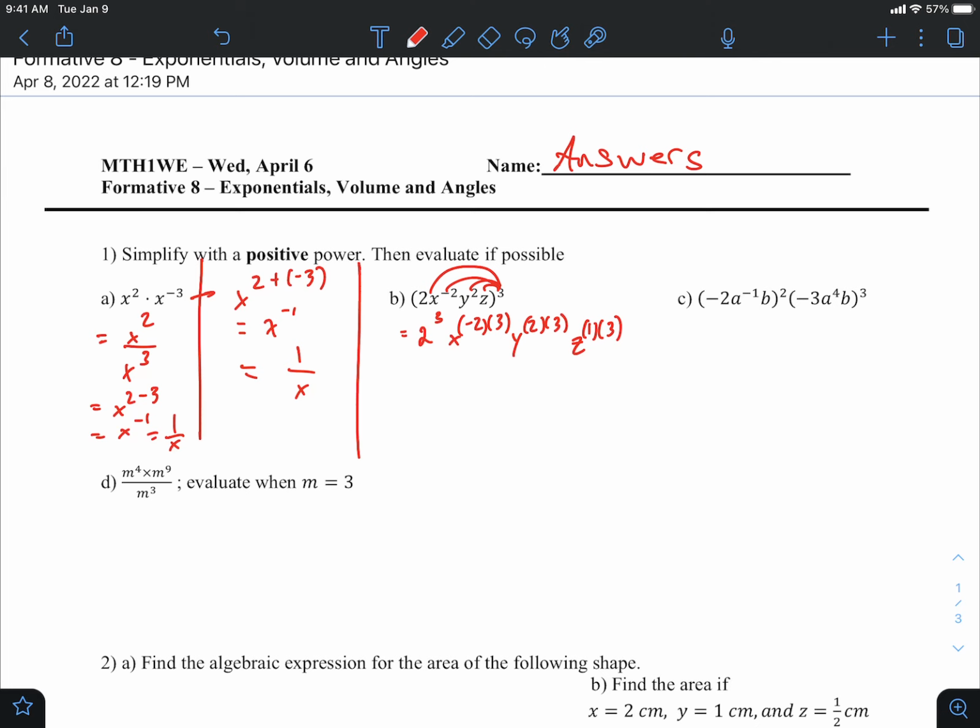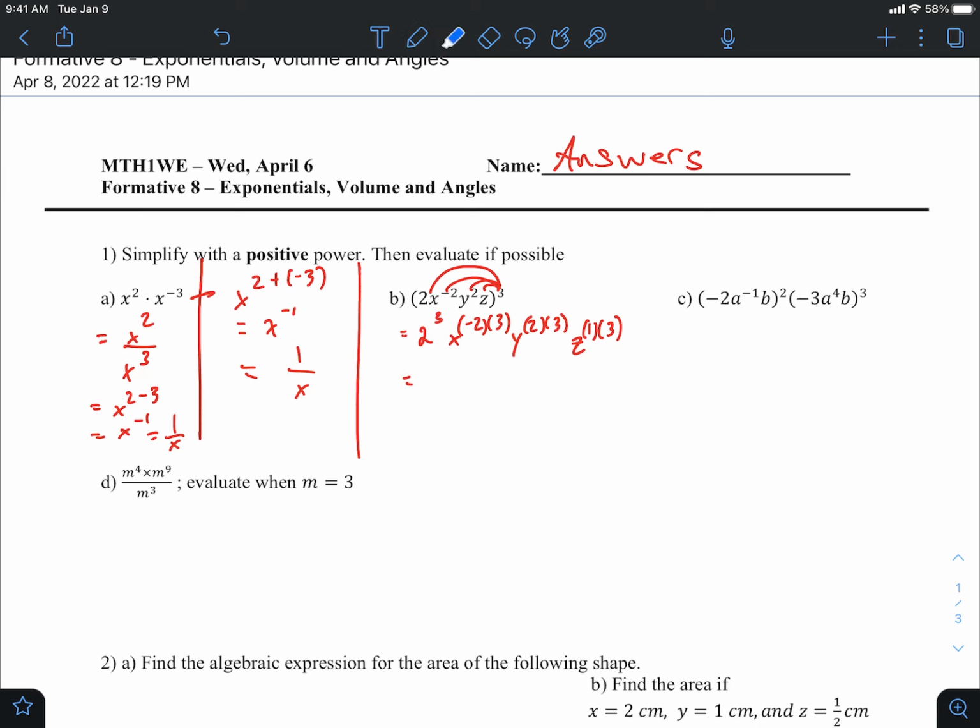So you don't need to show that step, but you can. I'm just trying to model what to do when. And if you look at your review sheet on the front, in the brackets beside each rule or checklist, I told you what to do for each one. If you have powers to powers, you're going to multiply. So, we know 2 cubed, just deal with these in pieces.